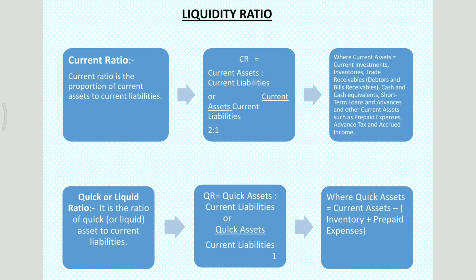Thereafter, trade receivables that include bills receivable and sundry debtors, after deducting provision for bad and doubtful debts; cash and cash equivalents, meaning cash at bank, cheques, drafts in hand, etc.; short-term loans and advances, the loans and advances given for 1 year that may be recovered in 1 year; and other current assets that include prepaid expenses, interest receivable, etc.